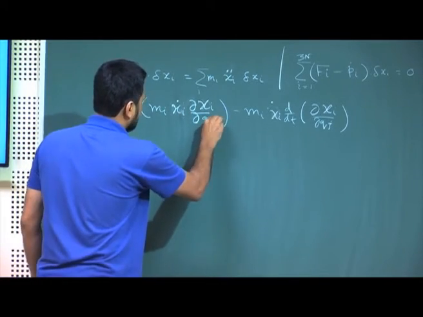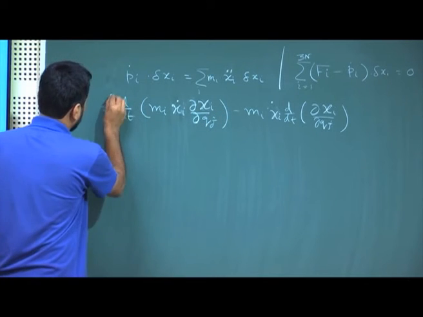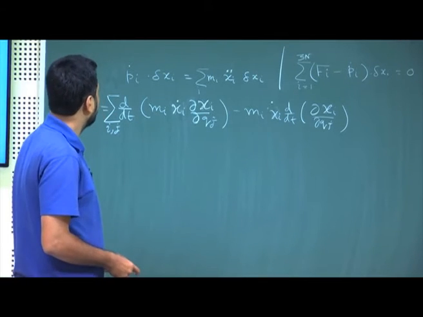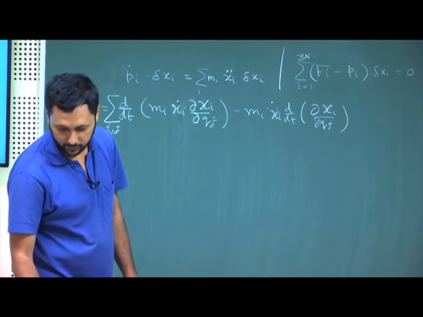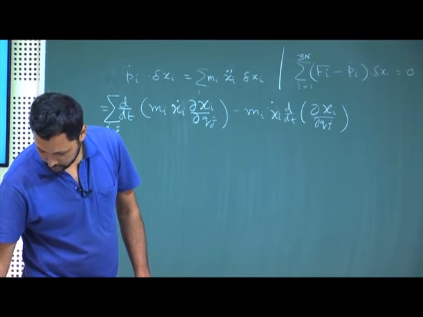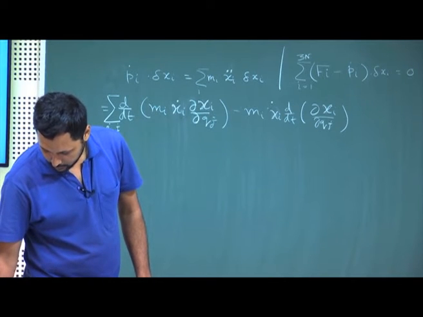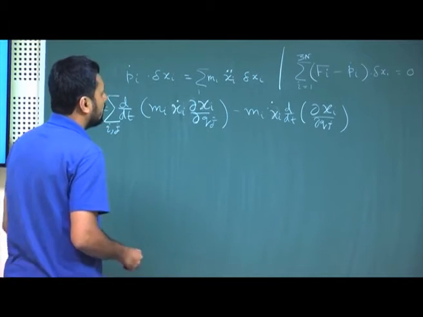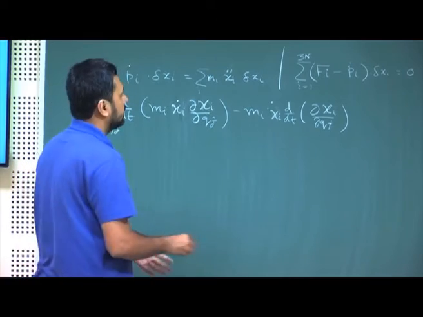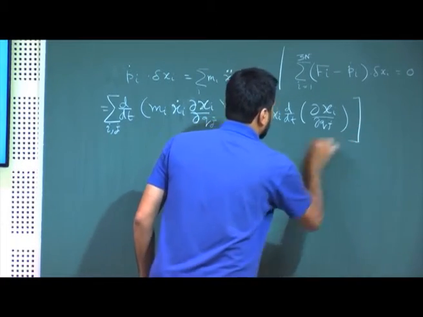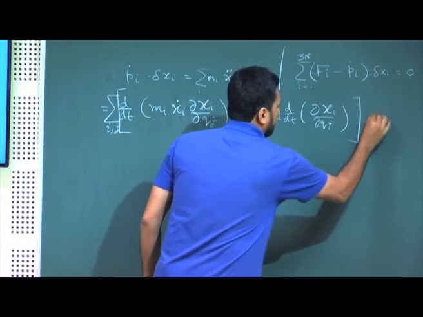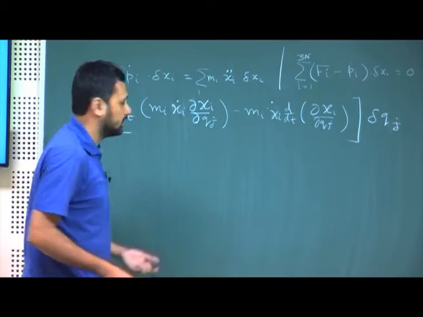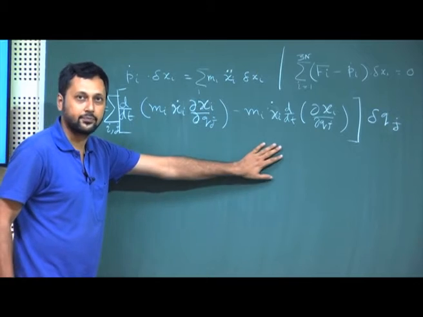And also we have to understand that this is a double sum over i and j, and this whole thing will be multiplied by delta qj, or qk, whichever index you want to use, we can use j or we can use k.